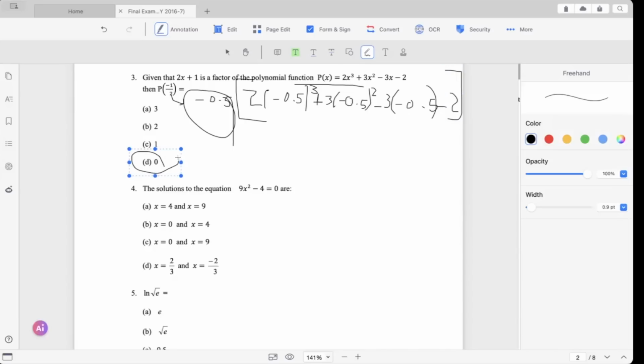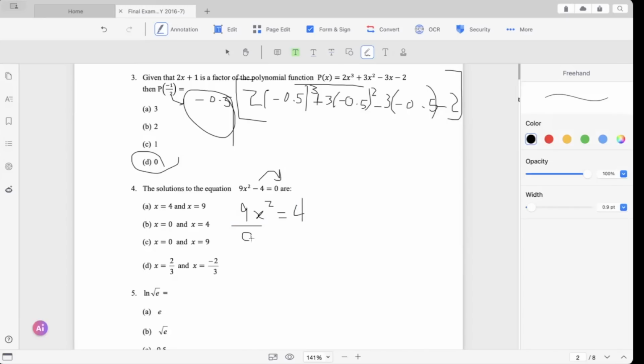Now the next question we have, the solution of the equation 9x squared minus 4 equals 0. What we are going to do is carry this 4 over the equal sign. So we have 9x squared equal positive 4.